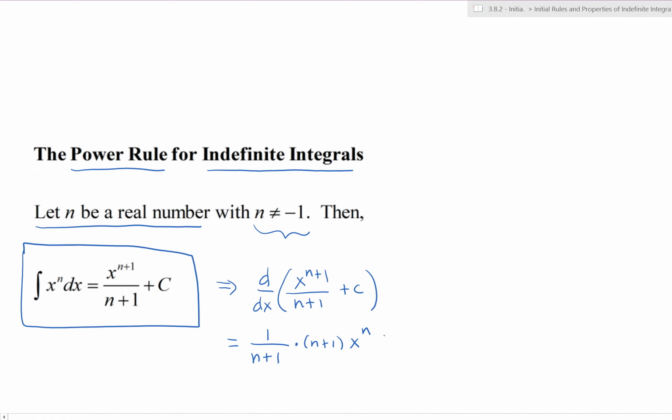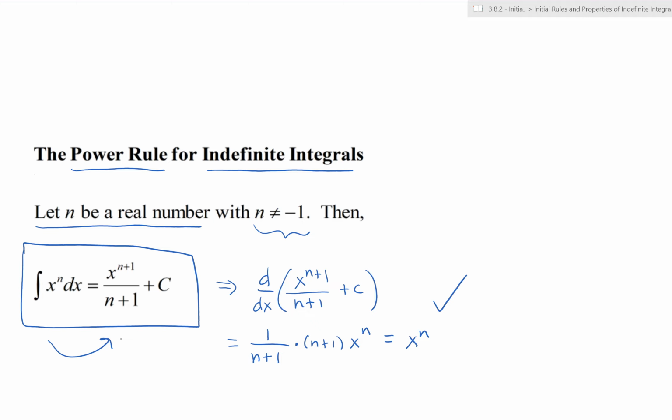The n plus 1's cancel out, and we get just x to the n. So you can see it works out, and so if we are given any power function in an integral, and we want to go backwards to talk about its general antiderivative family, this is our general power rule.